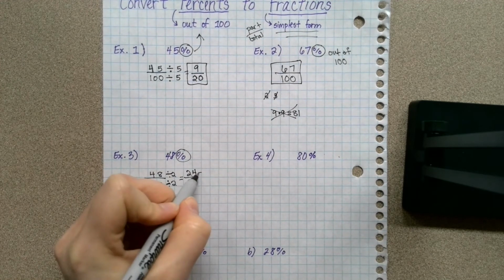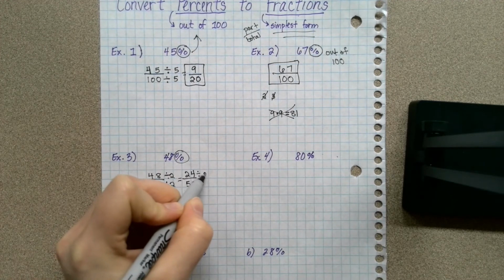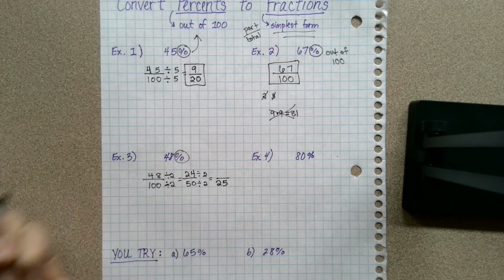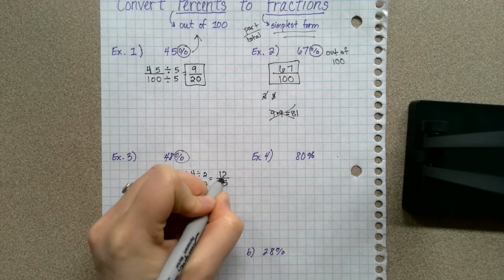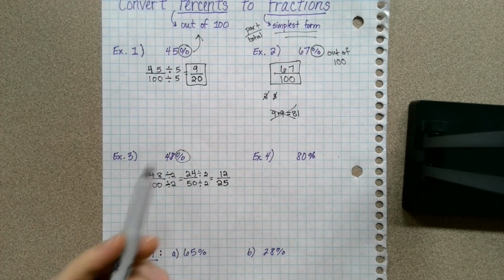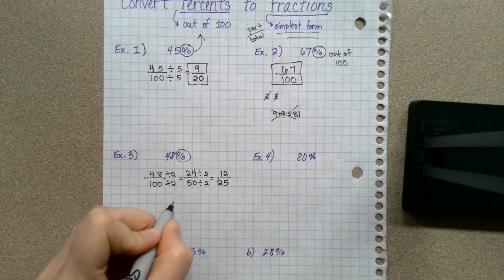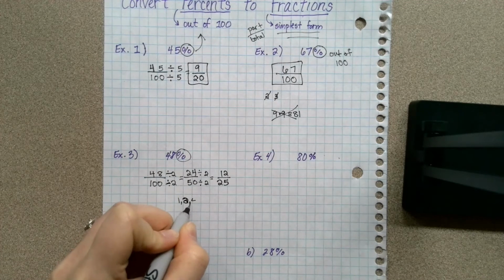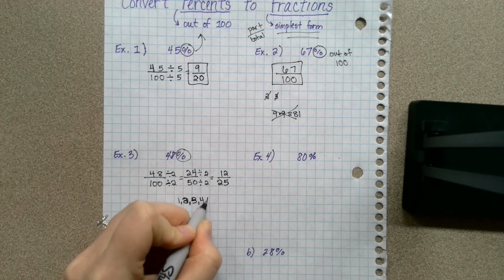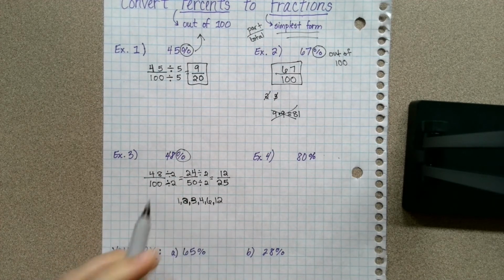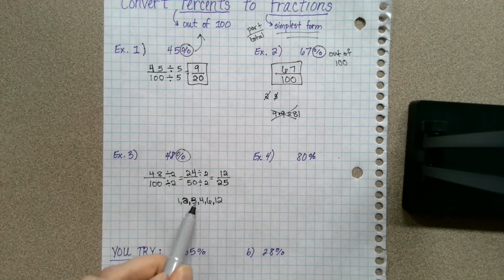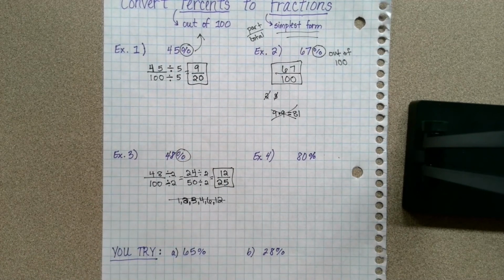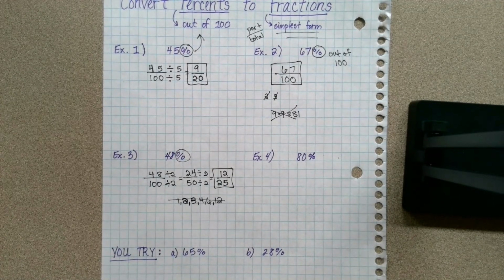You'll see once again that they are two even numbers, so we can divide by 2 again, giving us 25 in the denominator and 12 in the numerator. And then from there, 12 can only be divided by 1, 2, 3, 4, 6, and 12, of which 25 cannot be divided by any of them. So 12/25 is our answer in simplest form.